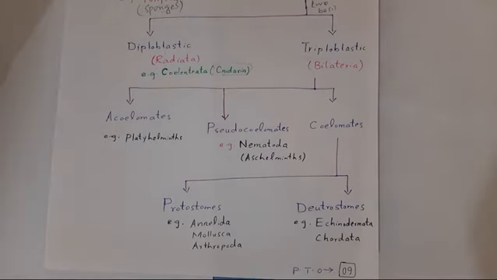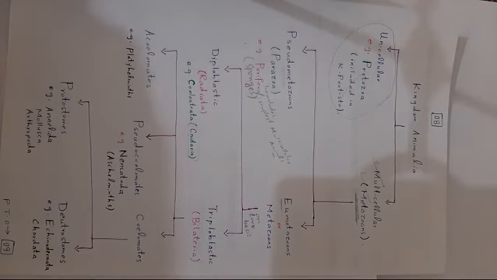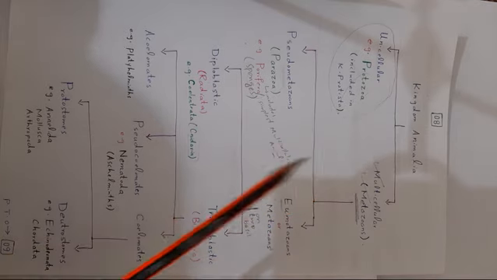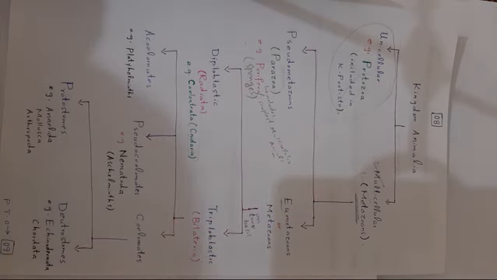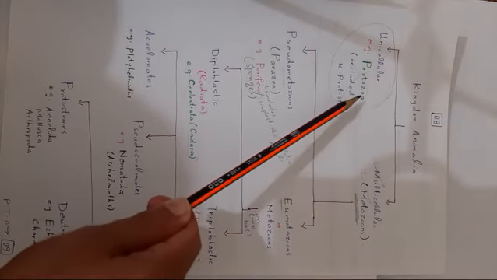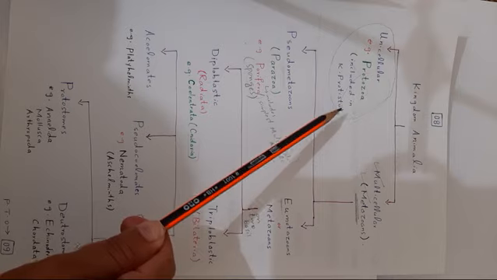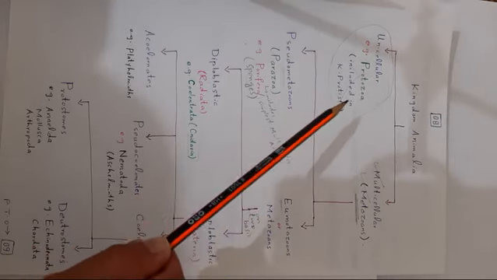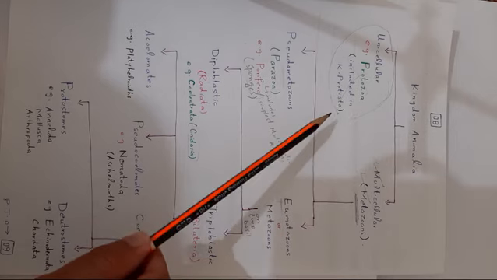So this is an overview of the classification of kingdom Animalia. Now look into this diagram again. To summarize, the kingdom Animalia is traditionally divided into two groups: the unicellular animals and multicellular animals. The unicellular animals are also called protozoa, but the protozoa are now included in kingdom Protista, and we don't study the protozoa in kingdom Animalia.